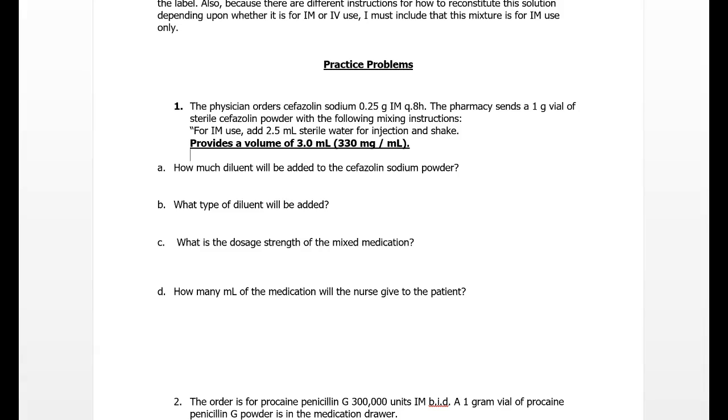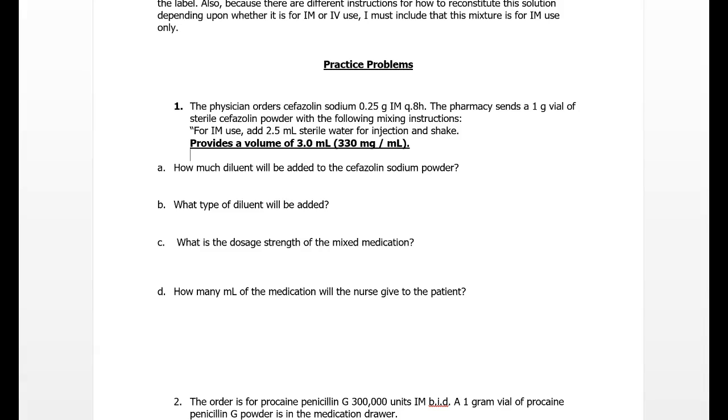The top part of this study guide I'm going to let you read on your own, but I thought I would go over the practice problems with you. So if you get your papers out and go down to the study guide and go to practice problems, we'll go over these. Number one, the physician has ordered cefazolin 0.25 grams IM every 8 hours.